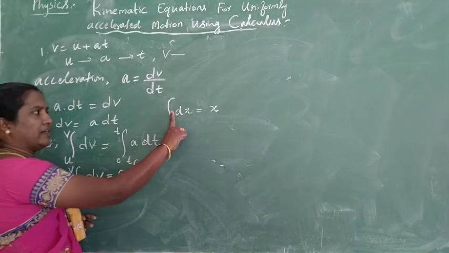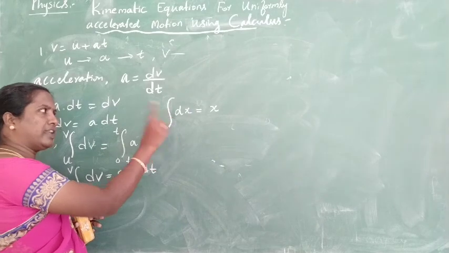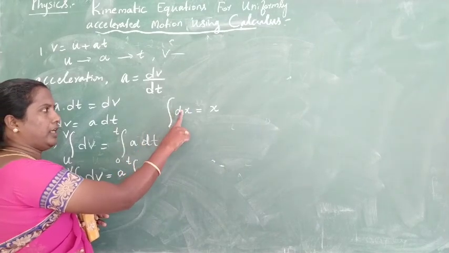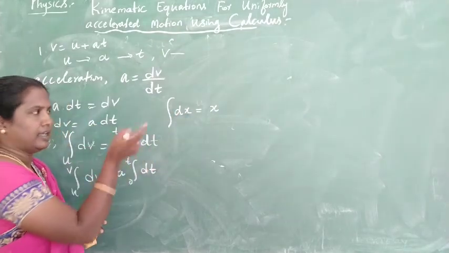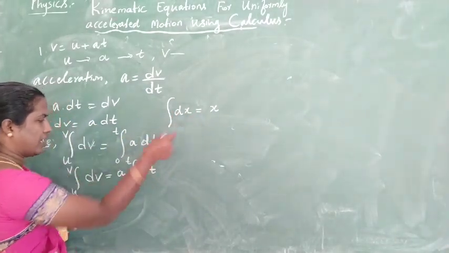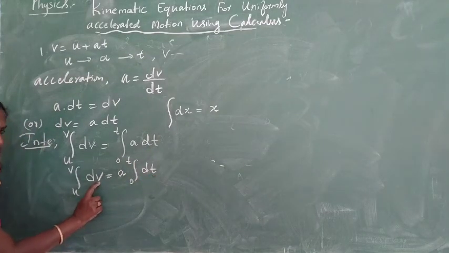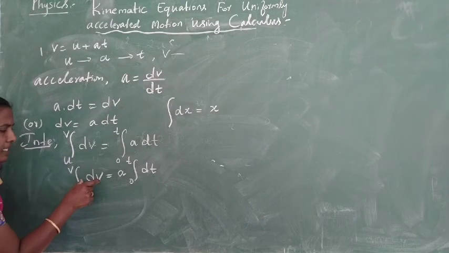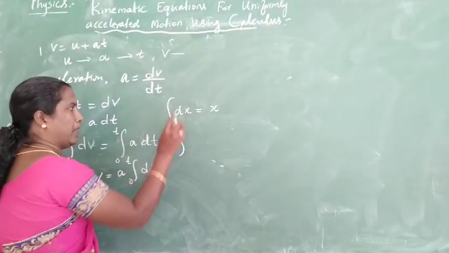That means here we have a coefficient of 1; if no number is there, we can take the coefficient as 1. So 1 into dx, when integrated with respect to the variable x, will give the x value. Using this formula, here the variable is time t and this variable is v, so in place of it we can write the integral of 1 into dv, applying this formula.